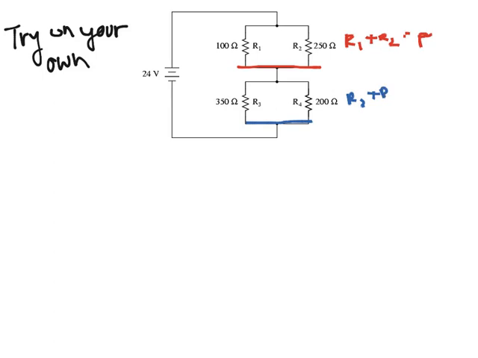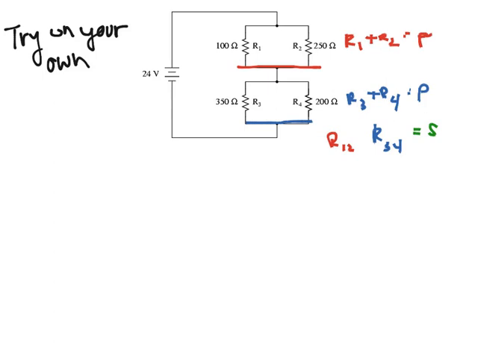R3 and R4 are also in parallel. And then your R1 and 2 and R3 and 4 are going to be in series with each other. So you need to go from the inside out, so you should do each one of your parallels first.